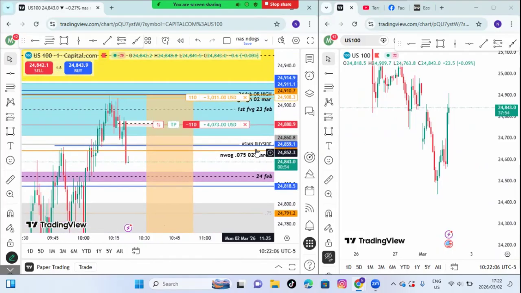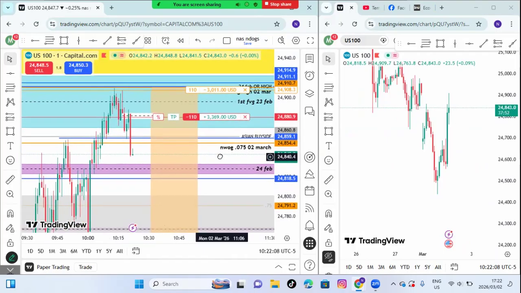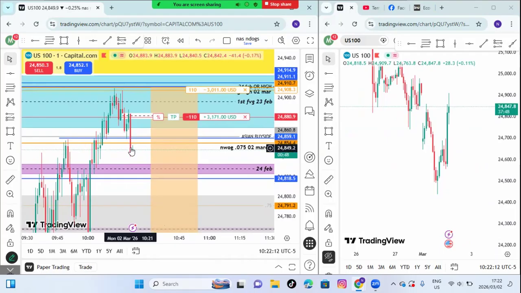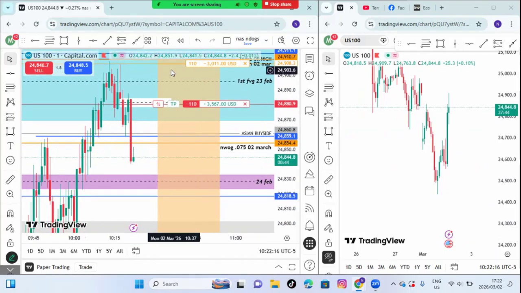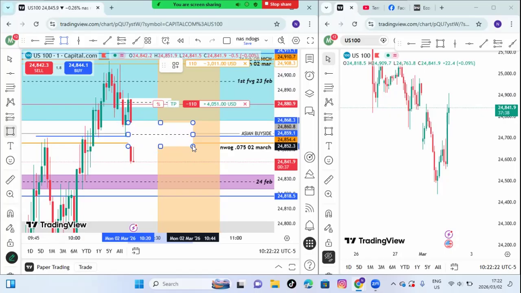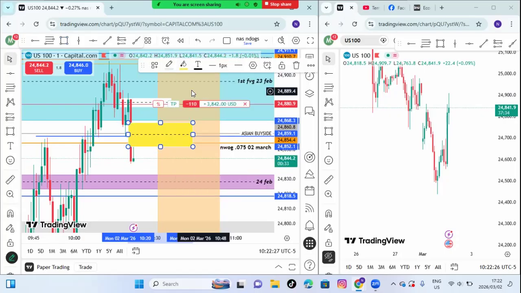And now, I'd like to see this fair value gap here stay open, the one it's gonna create now. Yeah, it should remain open to show us that it's really strong. This one there should remain open in that yellow fair value gap.